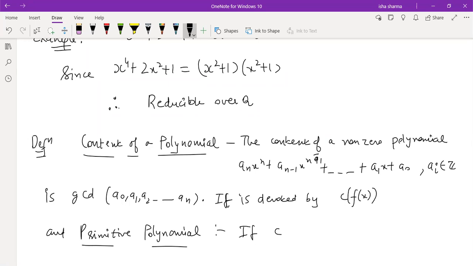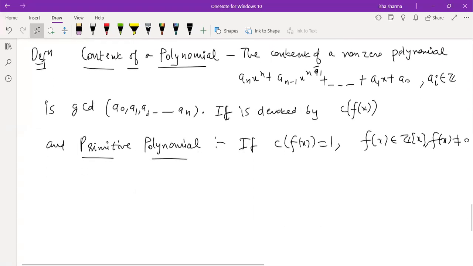C of f(x) means the content of f(x). So if C of f(x) is 1, where f(x) belongs to Z[x], obviously हमने नॉन जीरो पॉलिनोमियल के लिए ही वो डिफाइन करना है. तो अगर कंटेंट 1 है किसी पॉलिनोमियल का, then that polynomial is called a primitive polynomial.